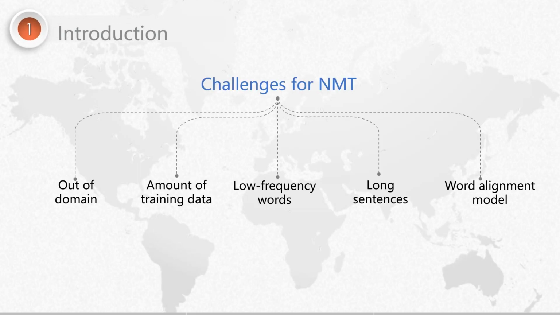First, neural machine translation has many challenges, for example, out-of-domain, amount of training data, low-frequency words, long sentences, and word-aligned model.